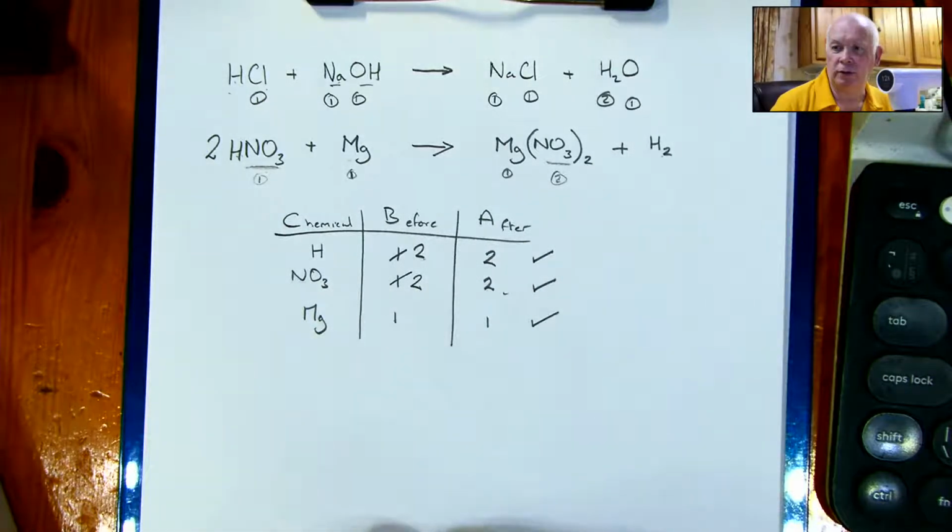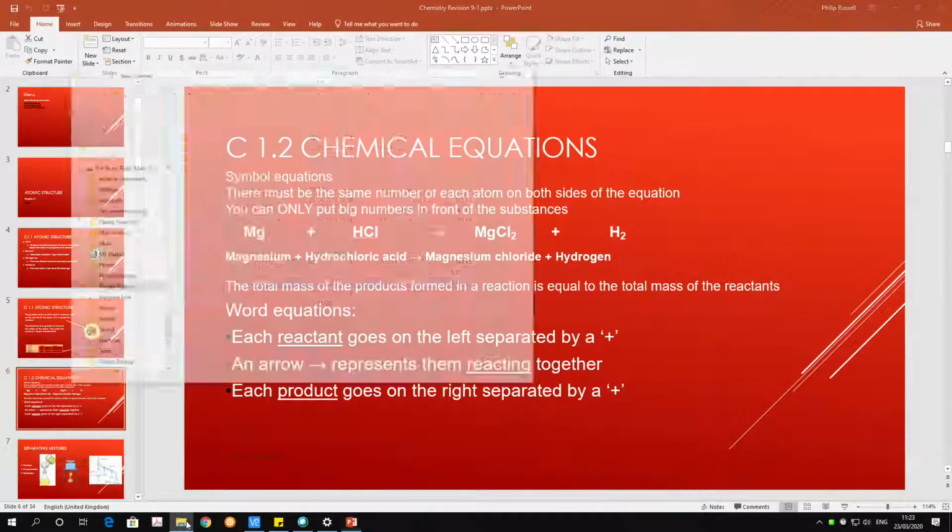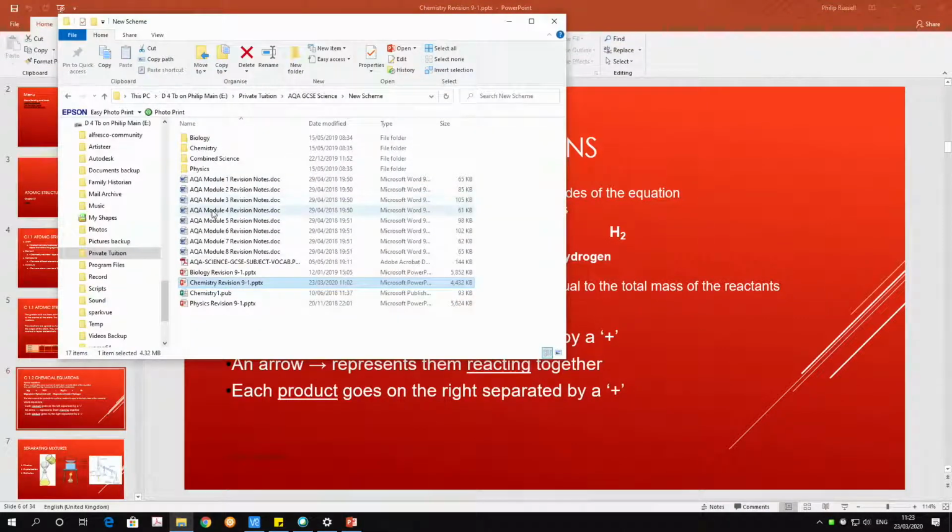Let's have a look and see if we can see a few more of these. What I'm going to do is try and load this up. If we have a look at the screen, I'm just going to cheat for a minute and go and get myself some questions to have a look at this.